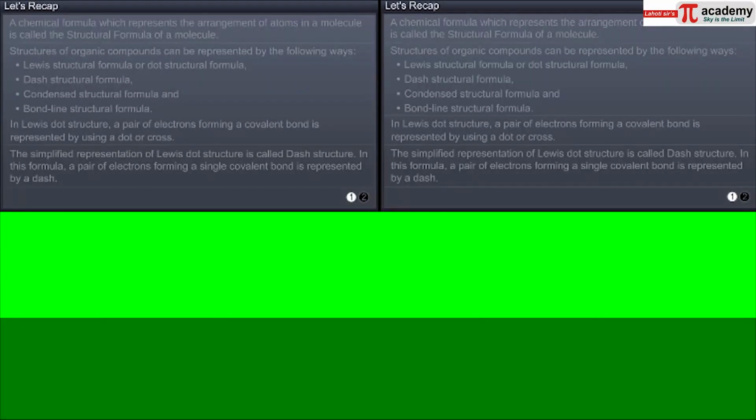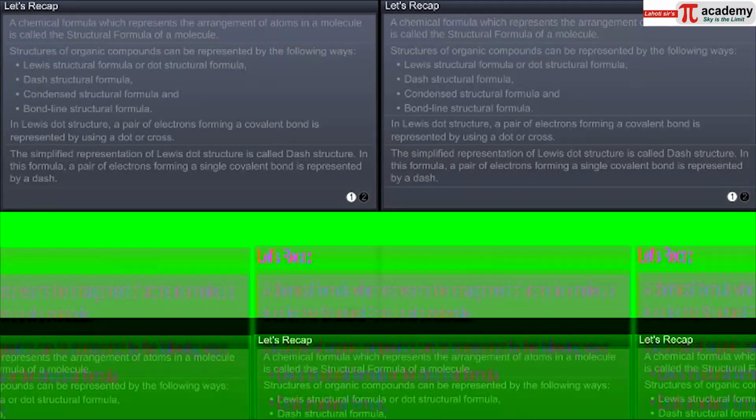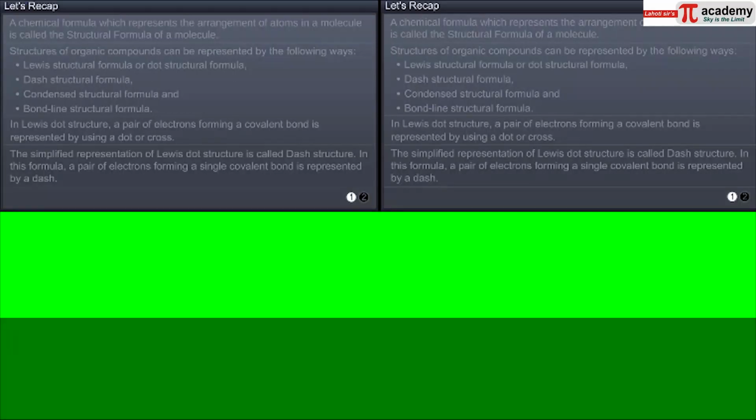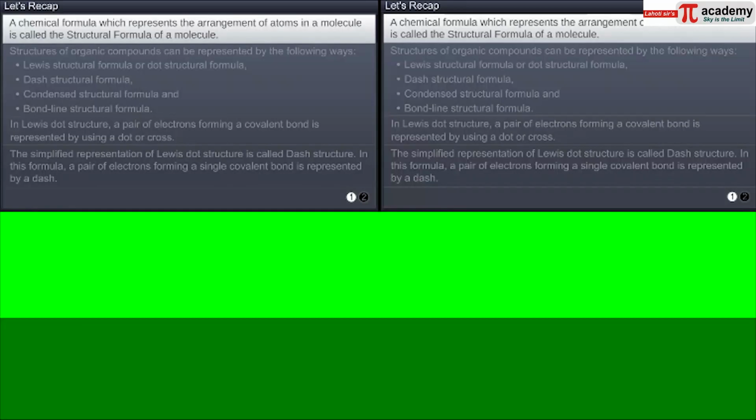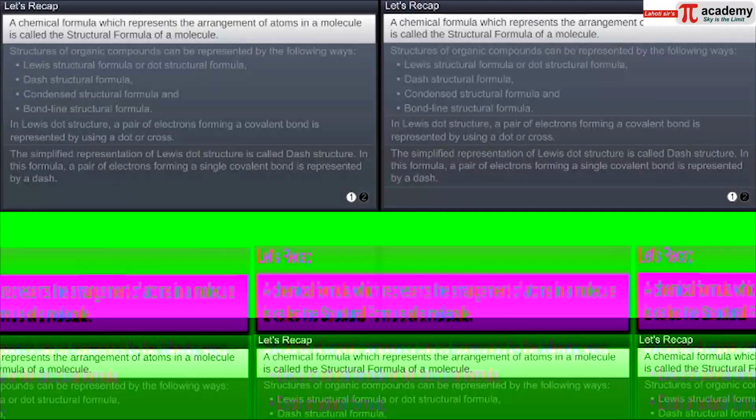You have now reached the end of this module. In this module, you have learnt that a chemical formula which represents the arrangement of atoms in a molecule is called the structural formula of a molecule.